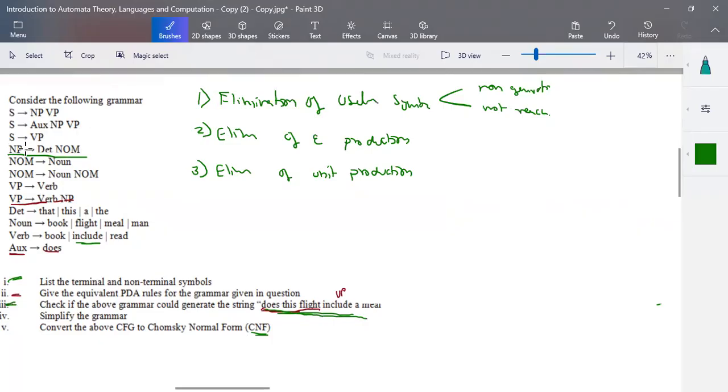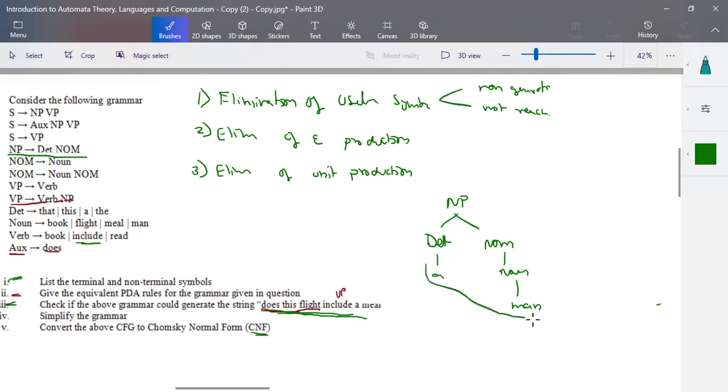And for this NP, we should have some place where on making some substitution, the parse tree stops. You have det norm as a rule, and norm can tend to noun, and this noun can be replaced with anything like man, and det is anything like a or that or anything, right?